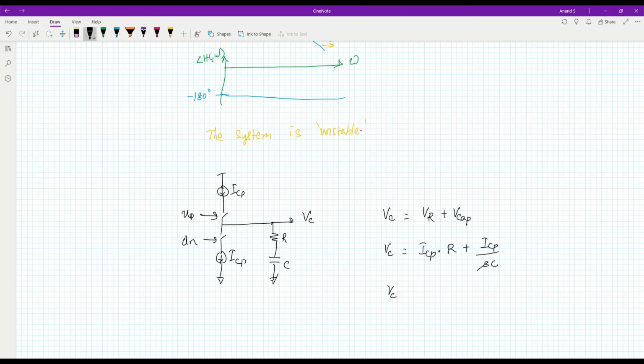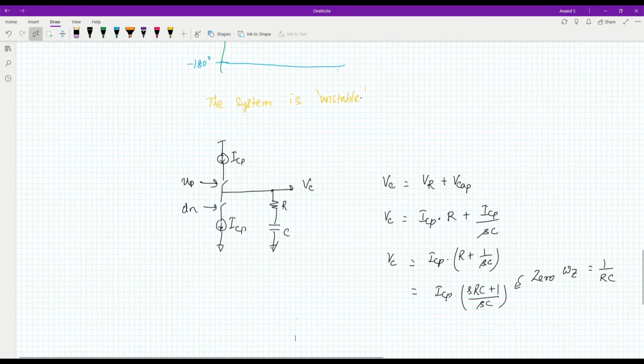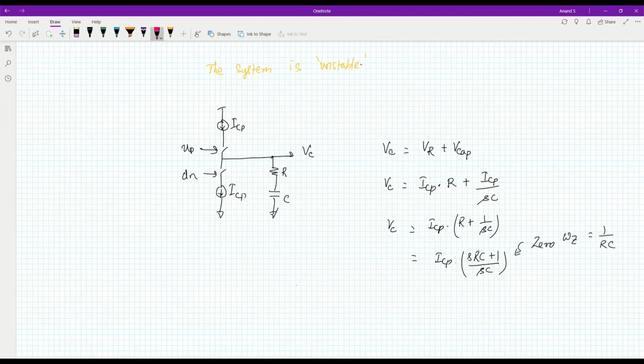So essentially VC equals ICP into R plus 1 by SC, which we can write as ICP into SRC plus 1 divided by SC. Thus this system has a 0 at omega z equal to 1 by RC. This is an important parameter which is used for controlling the stability of the loop.